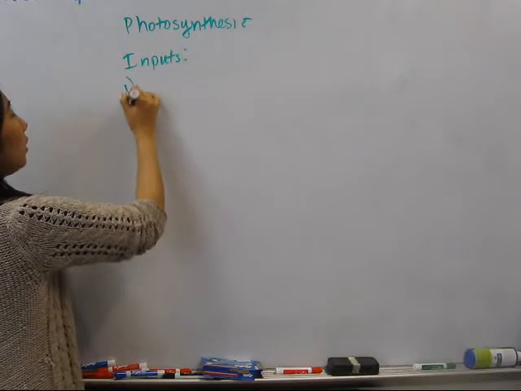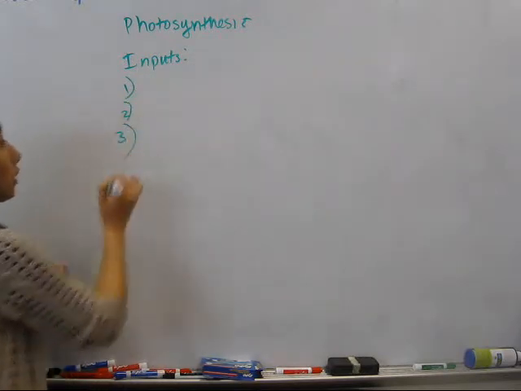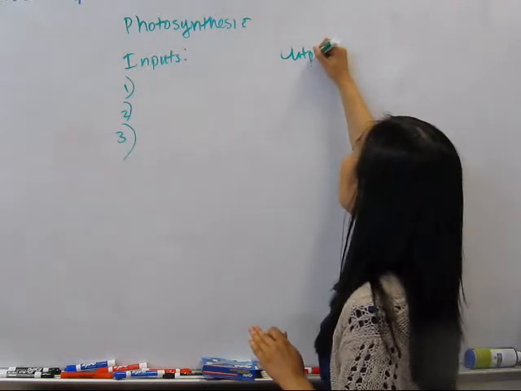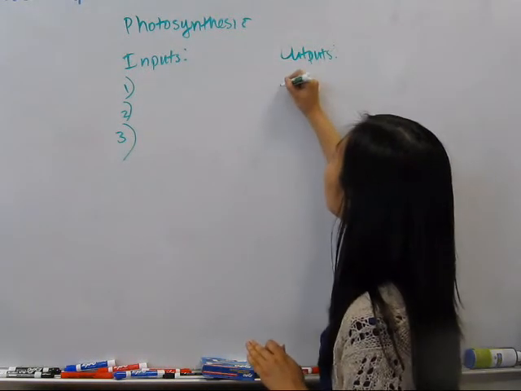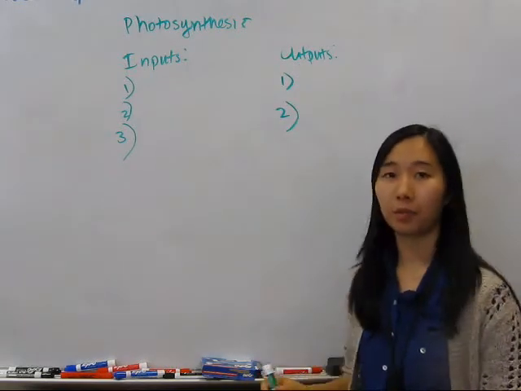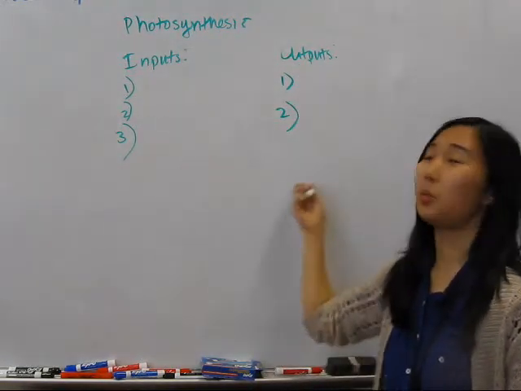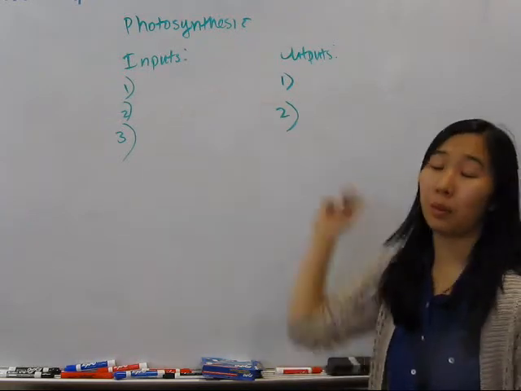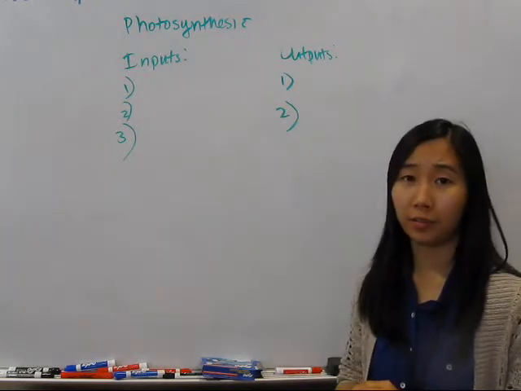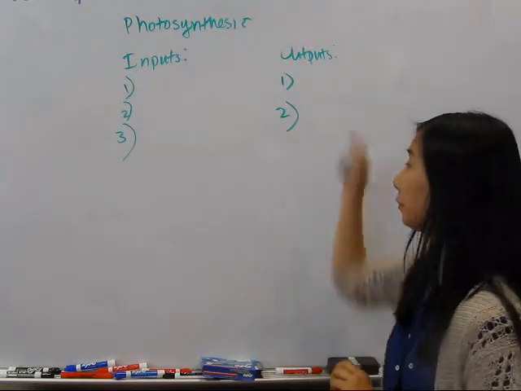There should be 1, 2, 3 inputs. And what are the outputs? There should be 1, 2 of them. Okay? So I'm actually not going to tell you what these are, but you need to be able to fill that in. So pause the video, rewind it if you need to, right? But you need to fill that out.